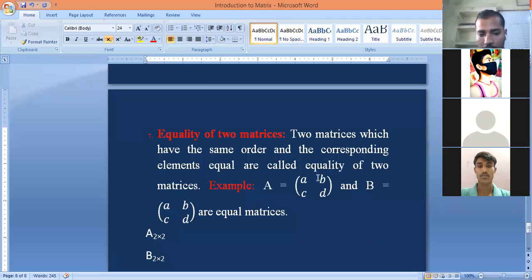In the second column, the first element is given as B, and here also B is given.